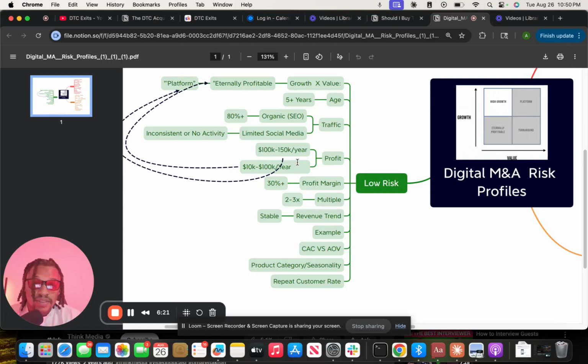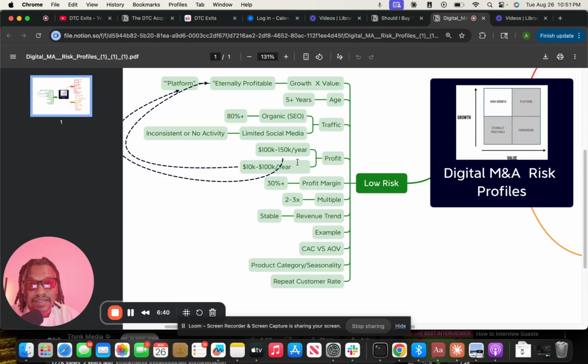But it actually turns out, and I've learned this the hard way, bigger businesses are typically much safer bets than smaller businesses, because they have better systems in place, and there's typically less key man risk where they're relying on the founder.